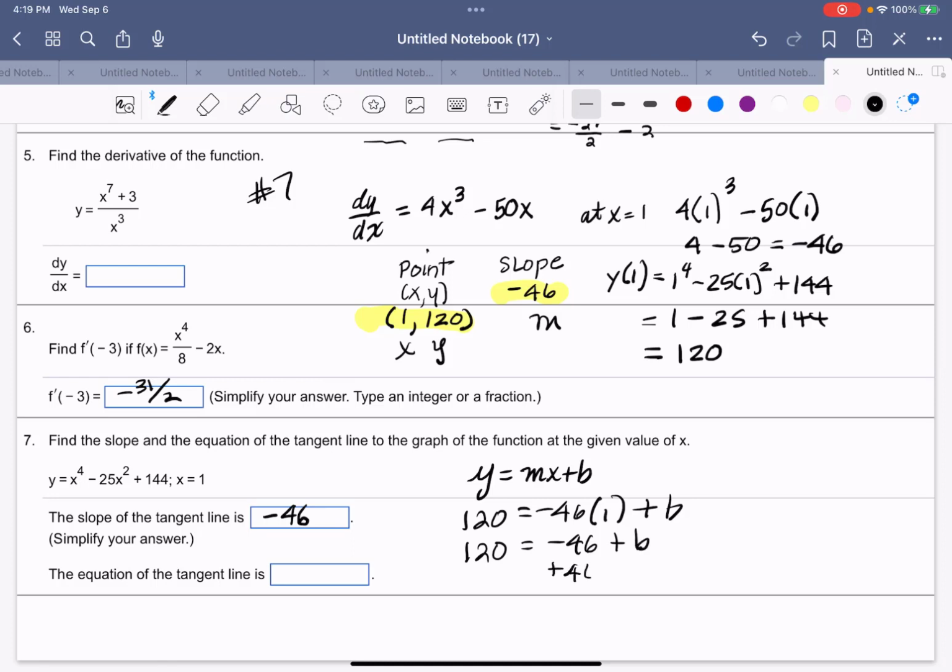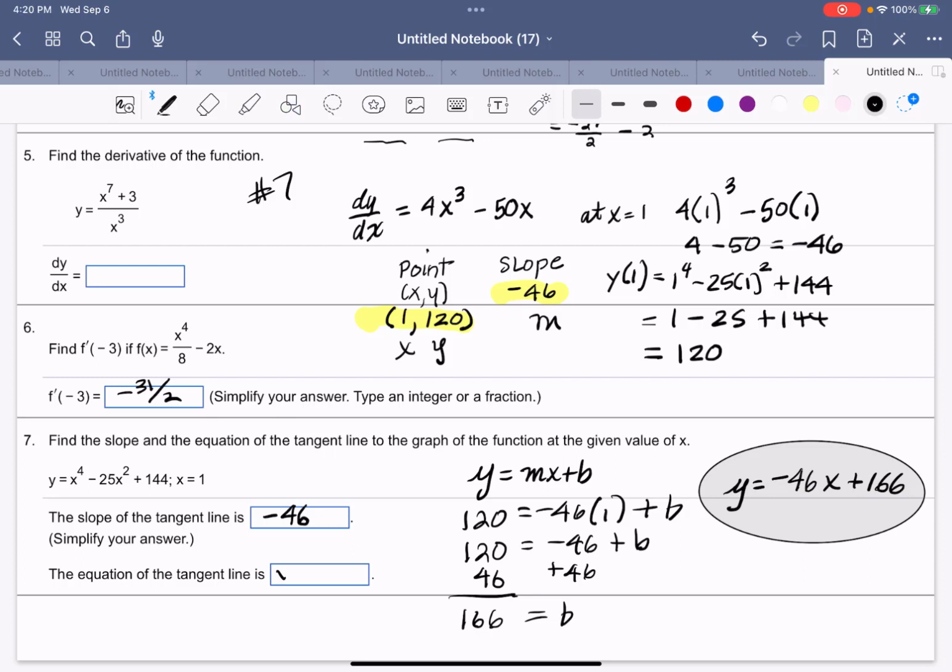Add 46 to both sides. 166 is b. So my equation is y equals negative 46x plus 166. And that is our final answer for the equation of the tangent. Negative 46x plus 166. And you'll have to write the y equals also.